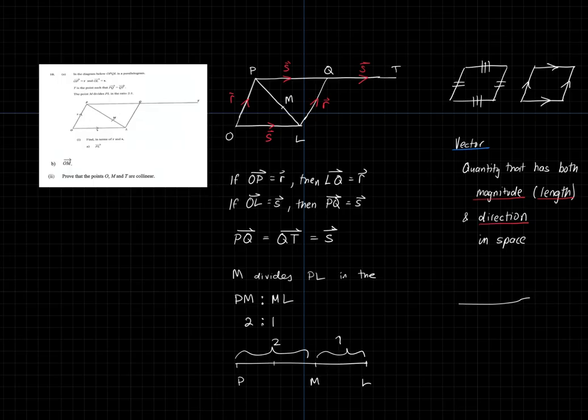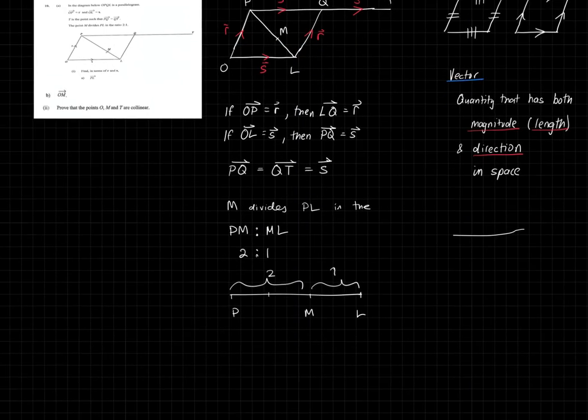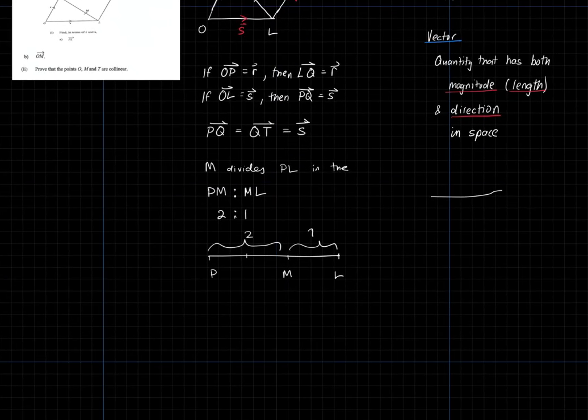All right. But what does that mean? Can we represent that in another way? Yeah, we can say that PM, this distance here, PM, over the entire distance of PL would be equal to this 2, and the total here would be 3, because it's divided into 3 parts. So this would be 2 over 3.